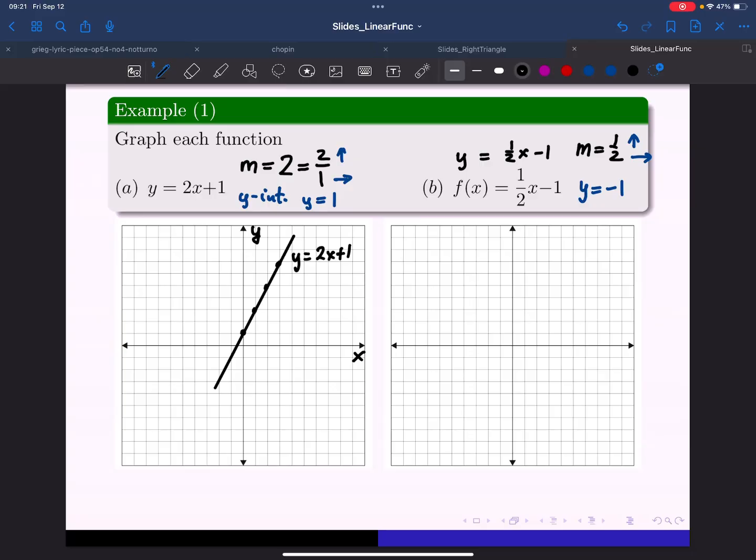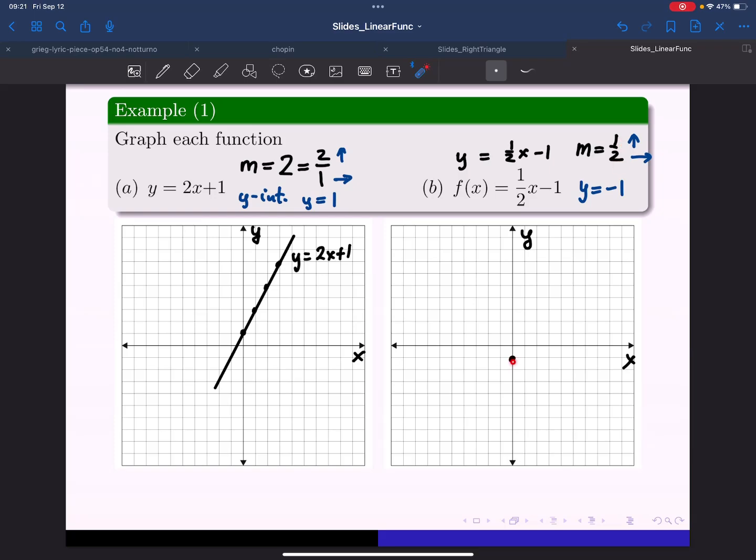So we're going to start as before on the x and y axes. We're going to start on the y-axis at the point of -1. So -1 is right here, and then we proceed according to the slope: 1 unit up and 2 units to the right.